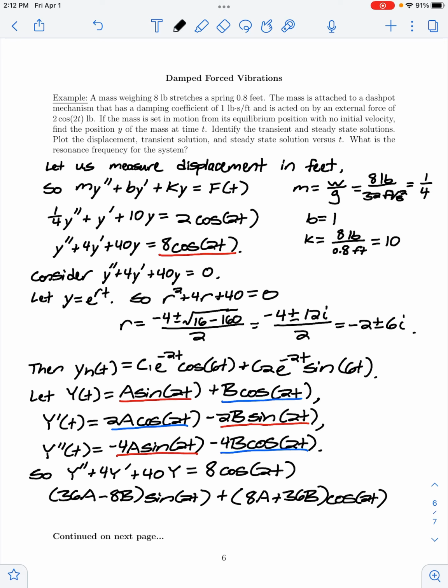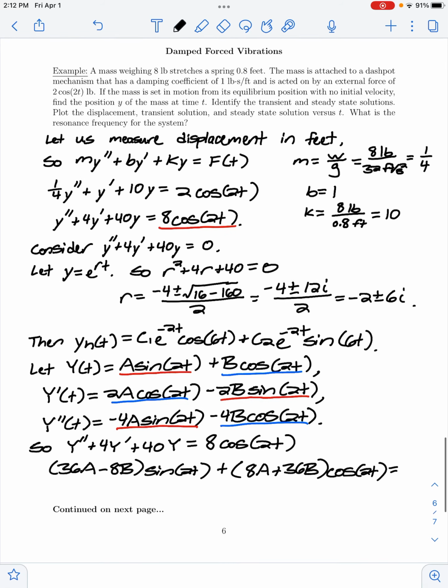So grouping these like terms, we have the following, and this has to equal our 8 cosine of 2t. So equating the coefficients, we have 36a minus 8b has to be 0, and 8a plus 36b has to equal 8.